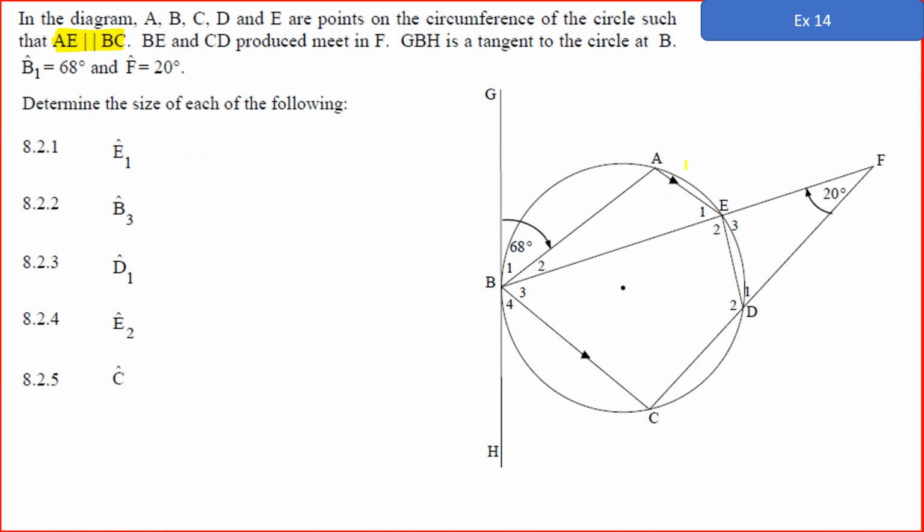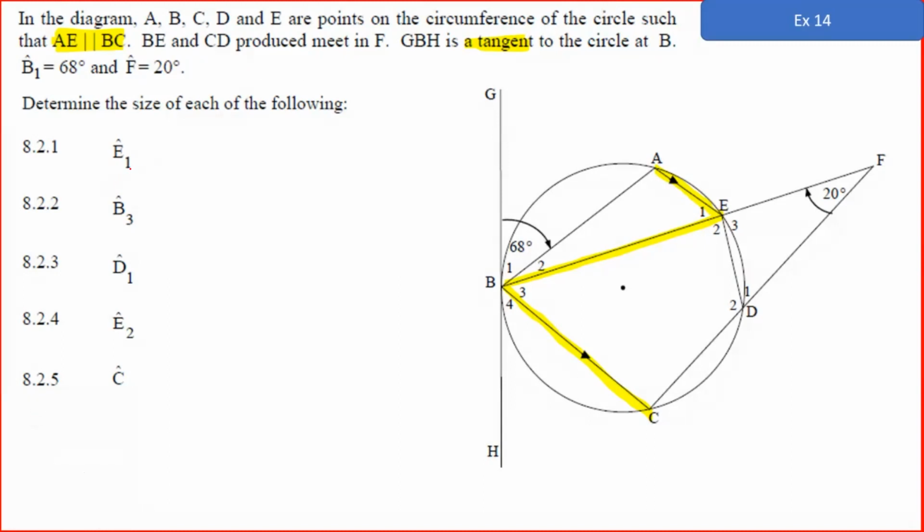I'm just going to highlight those two lines for you so you can see it. You can see a Z there. And then it goes on. I'm just going to read important information. We have a tangent, tan chord theorem. They didn't give us any centers.